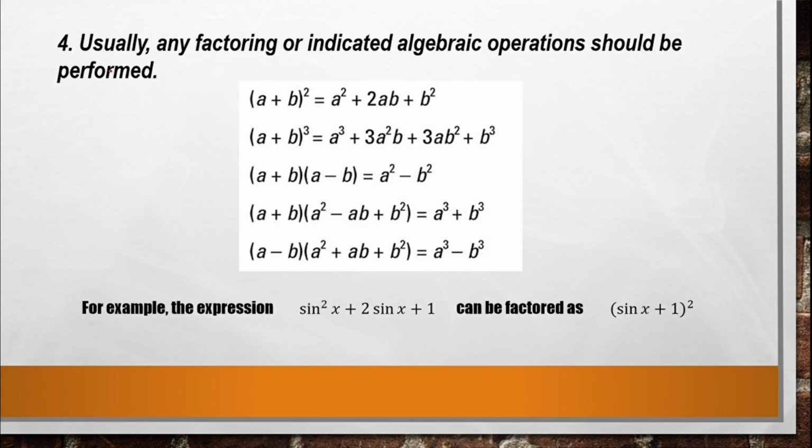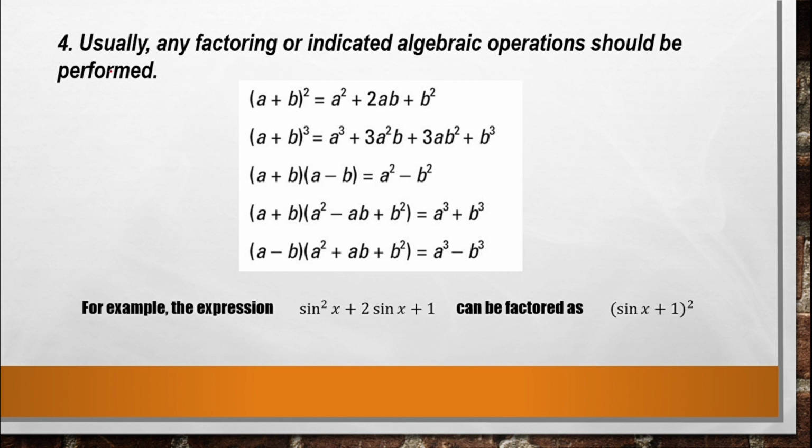Next is, usually any factoring or indicated algebraic operations should be performed. So take note, I'll be presenting to you most of the algebraic identities that we'll be using during this verifying of trigonometric identities. So take note of these algebraic identities. I presented 5 algebraic identities, so please familiarize yourself with these.